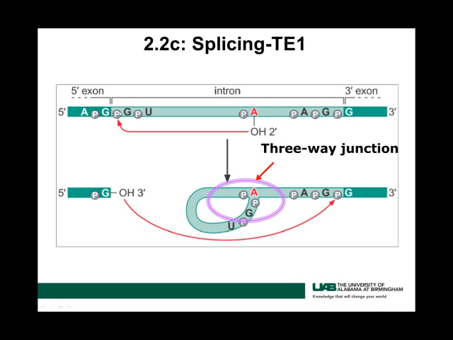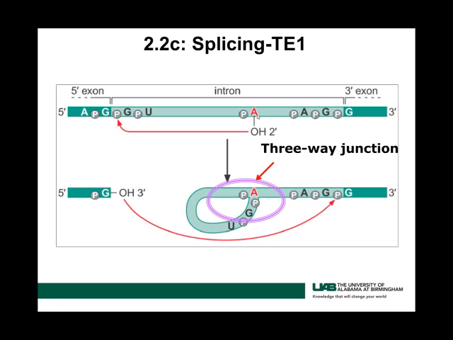The 5' end of each intron is GU, and the 3' end of each intron is AG. Within a purine-rich region of the intron is what we call a branch point adenine right here. So there is a branch point in a purine-rich region that is not in the center of the intron, but rather close to the 3' end of the intron.